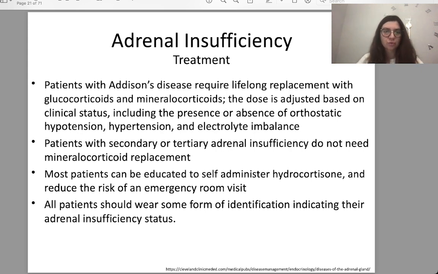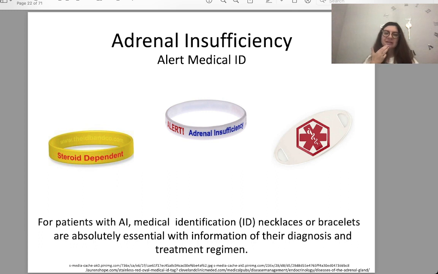Now I will show you. It looks like this. Usually such patients wear some necklaces or bracelets. They are absolutely essential, containing information on their diagnosis and treatment regime, because, as I told you, we have such situation like severe adrenal insufficiency.